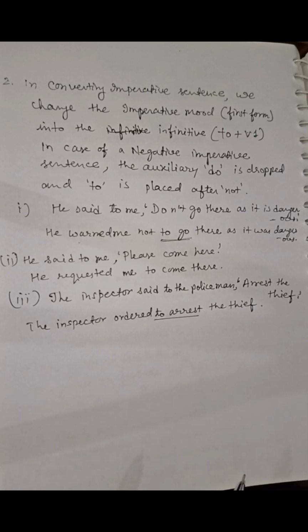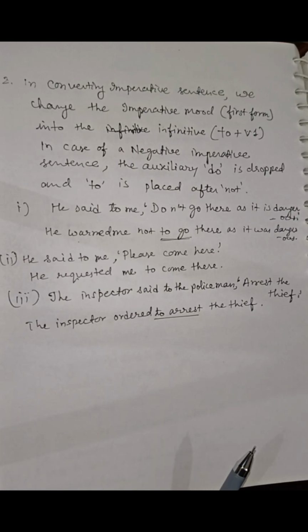So we have to understand the mood of the sentence, and then we have to write the word to replace the reporting verb said to, depending on whether the sentence is an order, a command, a request, or an advice. Accordingly we have to write words like ordered, requested, commanded. These words we have to use to replace the reporting verb said to.